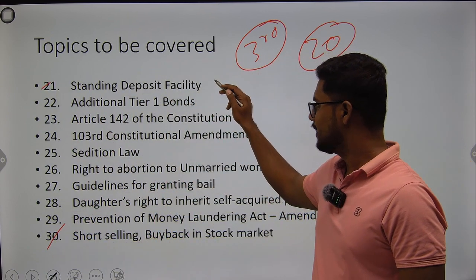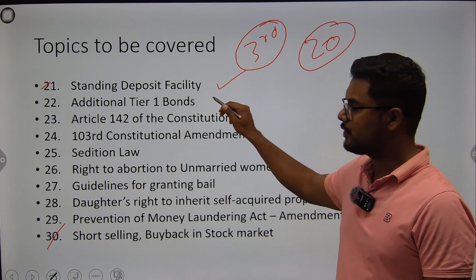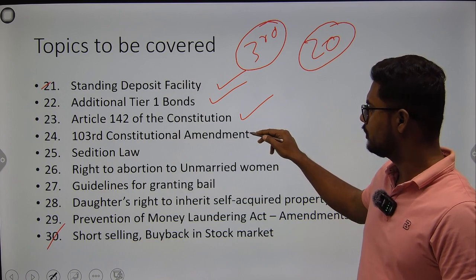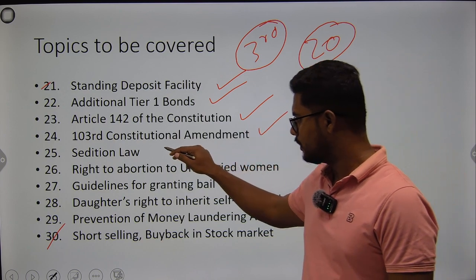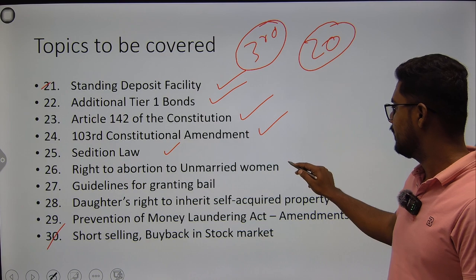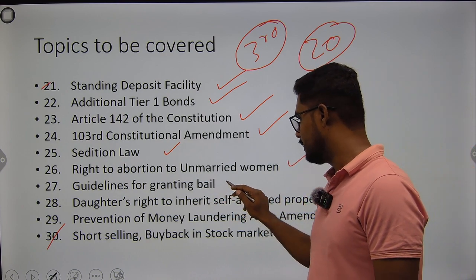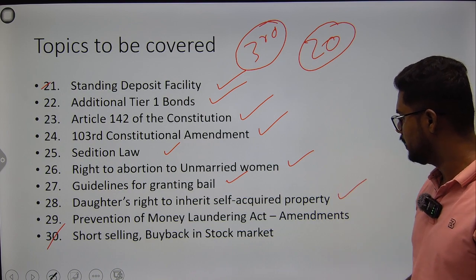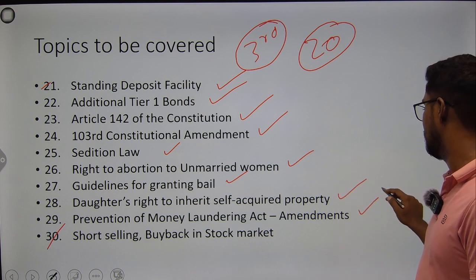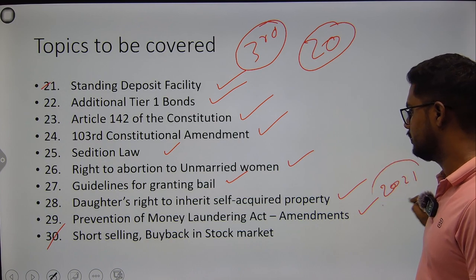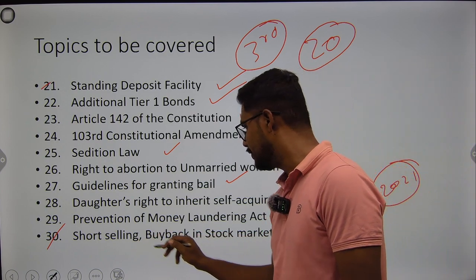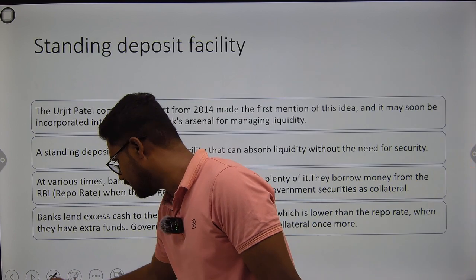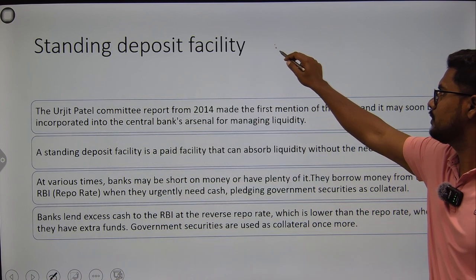It includes standing deposit facility, additional tier 1 bonds, article 142 of the Indian Constitution, 103rd constitutional amendment, sedition law, right to abortion to unmarried women, guidelines for granting bail, daughters' right to inherit self-acquired property, the Prevention of Money Laundering Act, which was amended in 2021. Then we'll also look at the meanings of short selling and buyback in the context of the stock market. So straight away let us begin with the first topic, that is standing deposit facility.